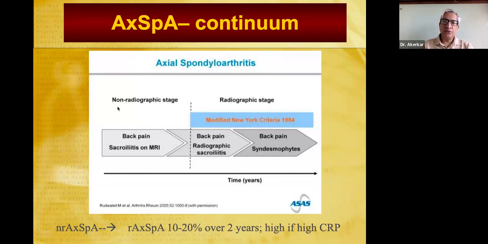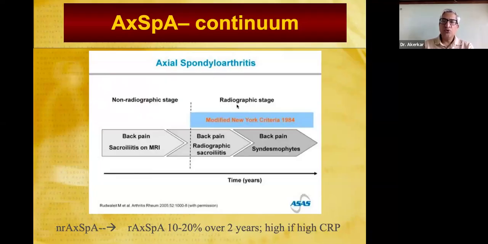It is divided into non-radiographic stage and radiographic stage. What is non-radiographic stage? Patient has inflammatory backache. There is sacroiliitis on MRI, but X-ray does not show any changes. X-ray is normal. So this is non-radiographic stage, wherein MRI shows sacroiliitis, X-ray is normal.